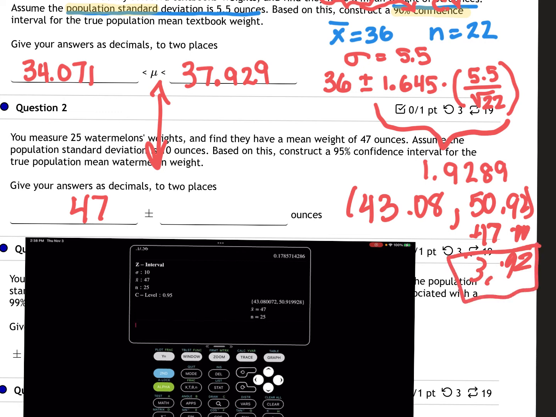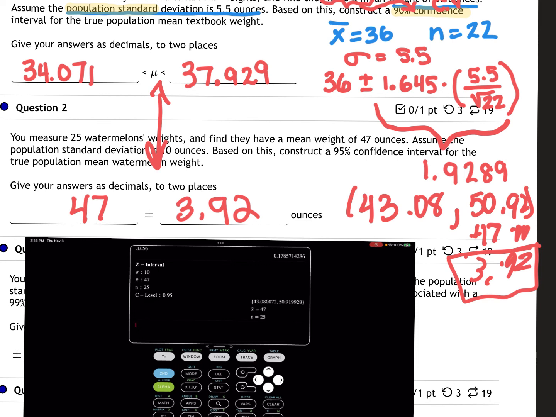And if you'll notice, if I were to take 47 minus 3.92 on my calculator, I get 43.08. So what we want is 47 plus or minus 3.92. So that's the answer they're looking for here.